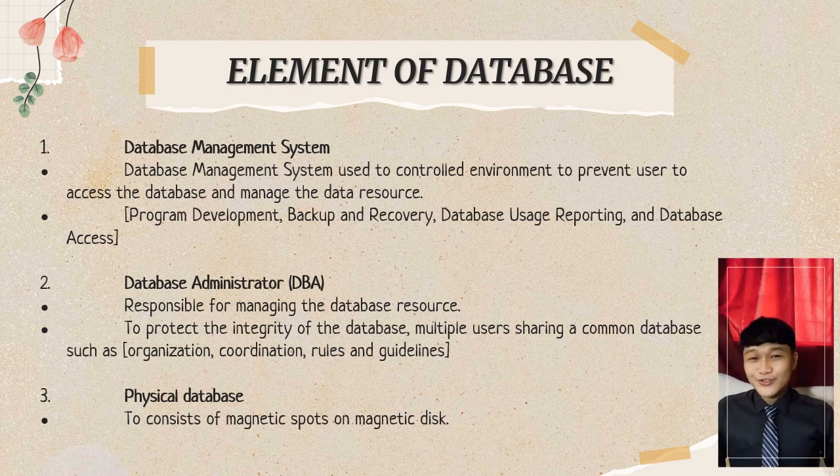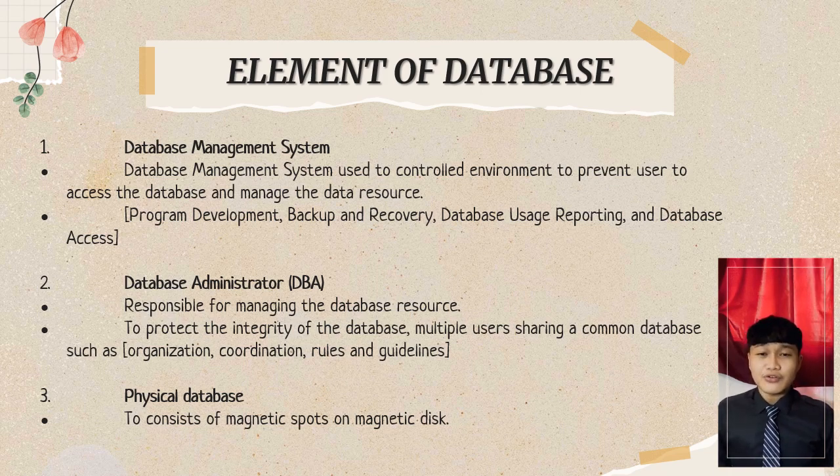Next, we move to our next slides, which is about a few elements of database. As you can see, there are 3 elements of database, which are the database management system, the database administrator, or known as DBA, and the physical database. Now let's take a look at the meaning and some examples for these elements.